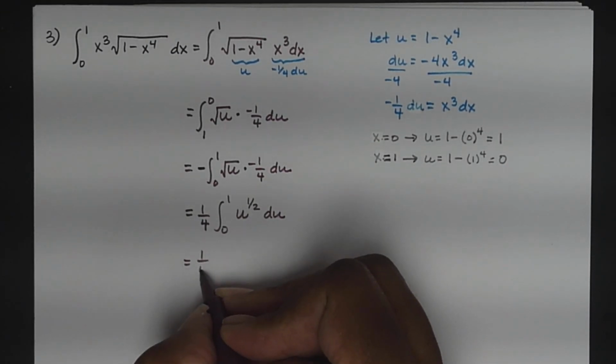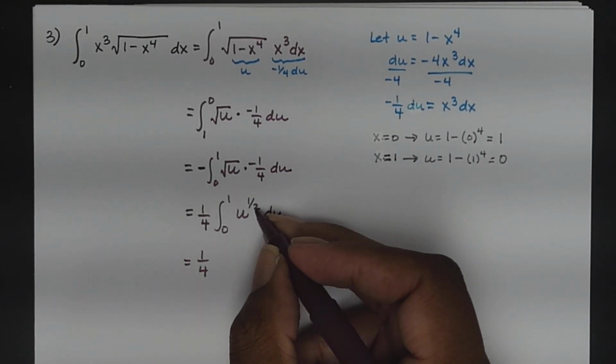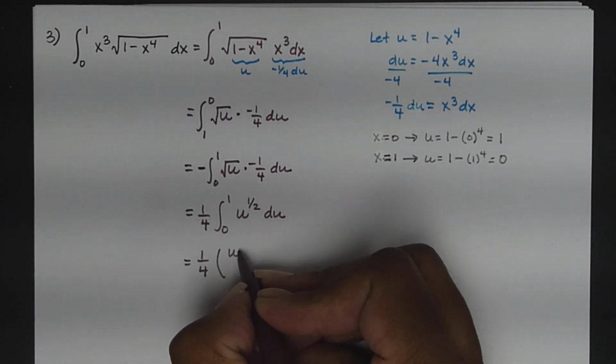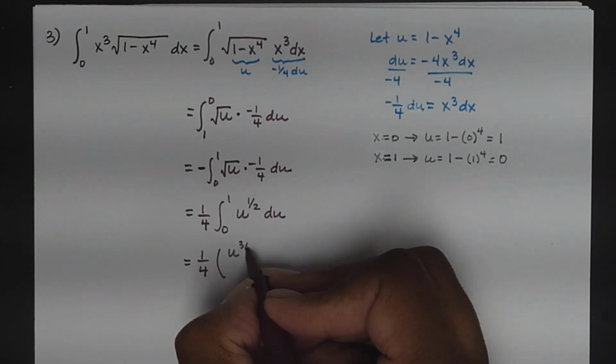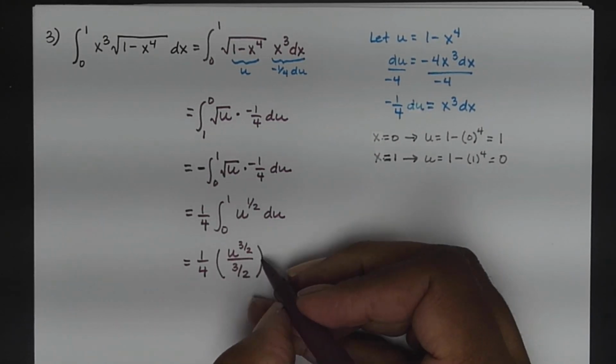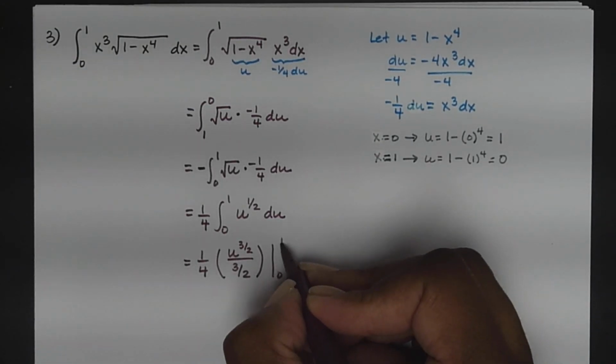And then 1/4. u to the 1/2, if I take the integral of that, I'll increase the power by 1. So 1/2 plus 1 will be 3/2, divided by the new exponent of 3/2, going from 0 to 1.